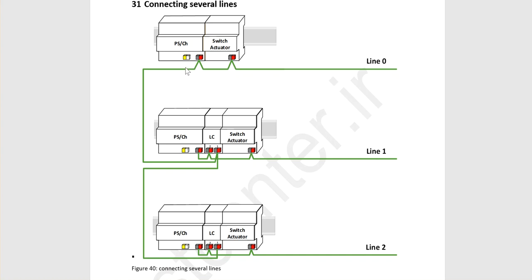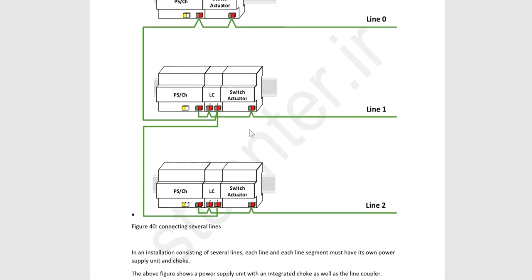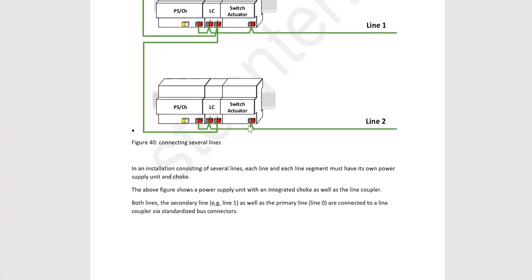Then you should connect this line 0 to the primary line of the line coupler of each line. The first number 1 is in this line coupler, and the secondary, or number 2, of the line coupler is connected to each line, line 1 or line 2 until line 15. And of course in each line you can have other KNX devices.